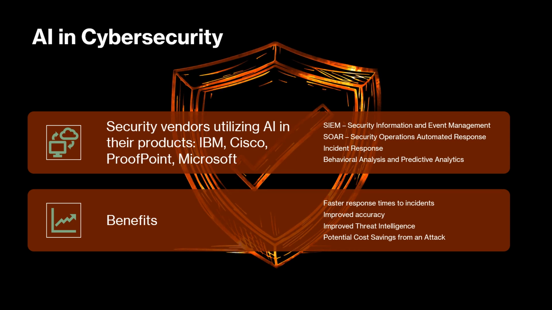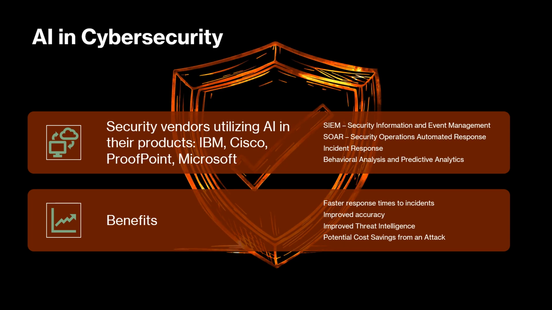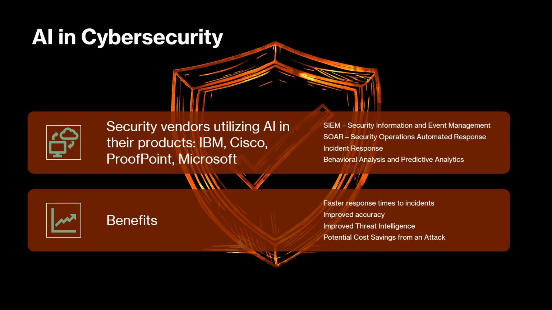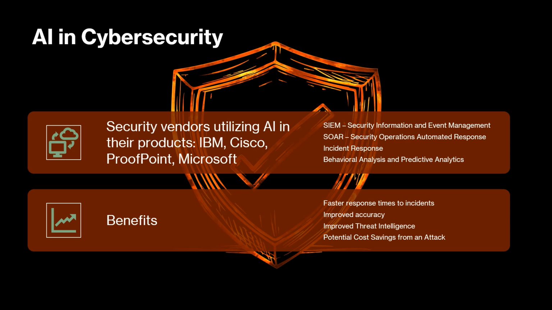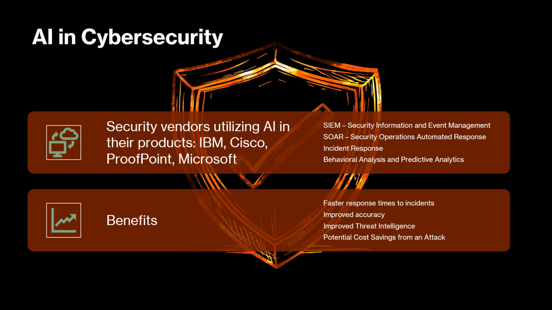Some of the products and tools that we use that have AI involved can be as simple as a SIEM, so a Security Information and Event Management program like Splunk, where it's aggregating all of the log files, putting it in a nice visual format for the end user, and then potentially the AI can call out alerts so that the cybersecurity professional focuses on things that are legitimate threats.